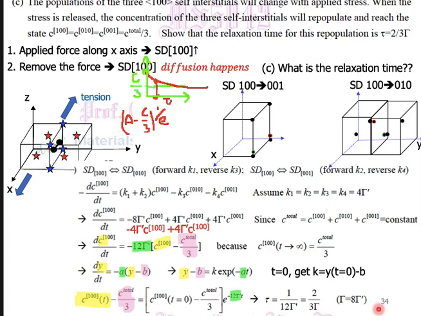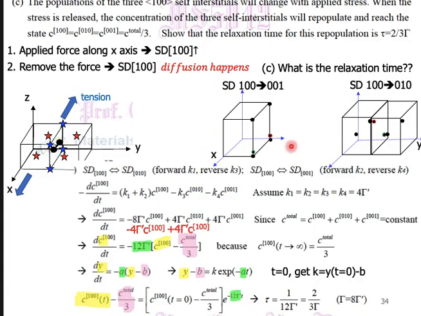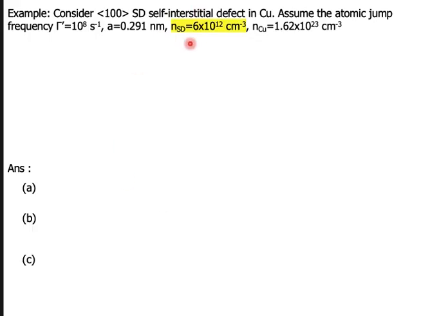And in order to help you practice this, I'm going to give you an example here. The one we just focused on is the derivation part, right? And this one gives you some real data, hope you can really calculate something. So here we have a copper material, and we know there's an SD defect along 3 directions.